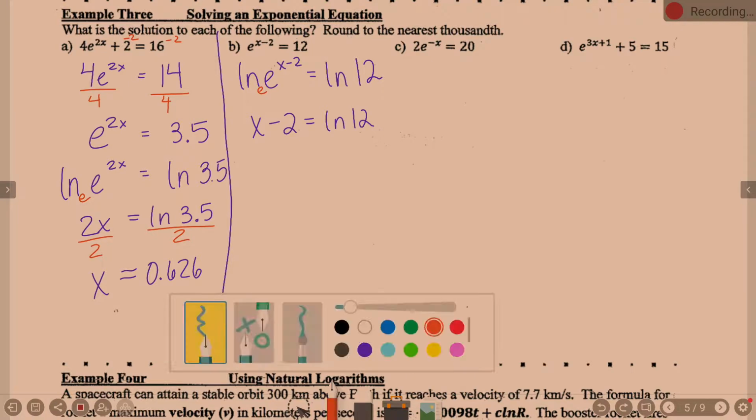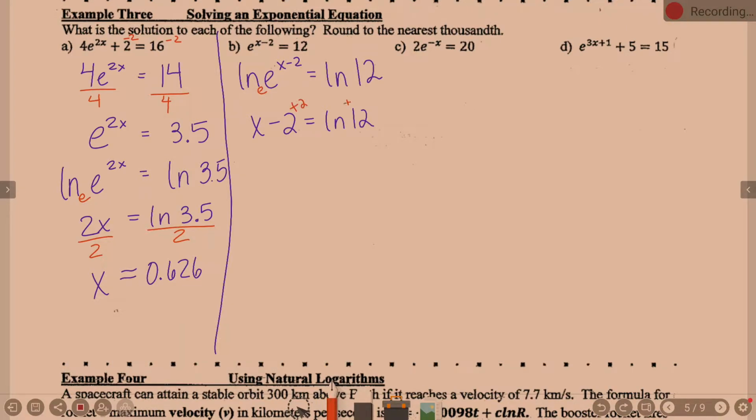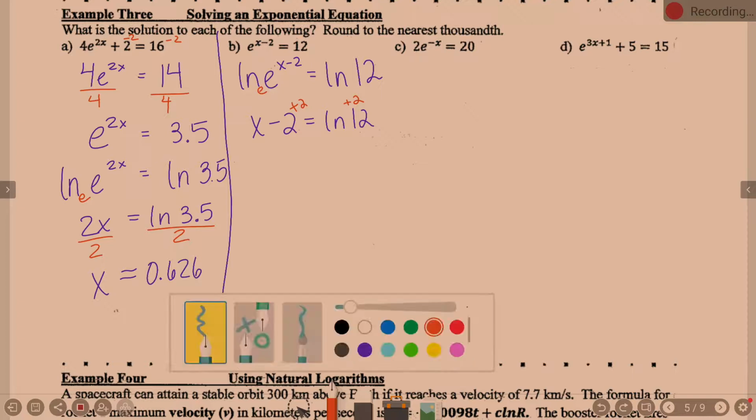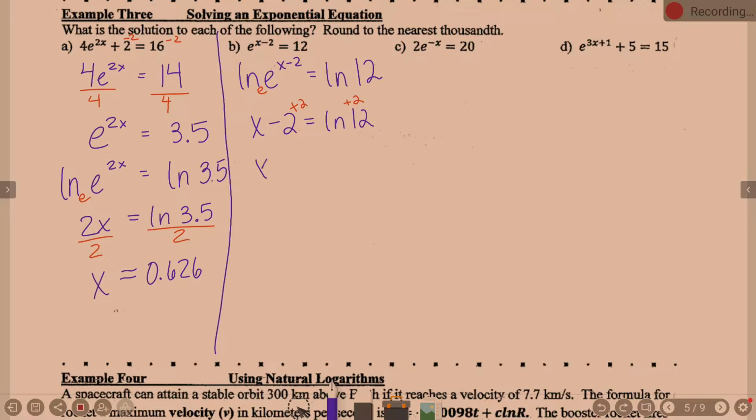How do we solve for x? It's minus 2. We're going to add 2. So it's natural log of 12 plus 2. You can enter on your calculator natural log of 12 in the parentheses plus 2, or you can do 2 plus natural log of 12. Either or.